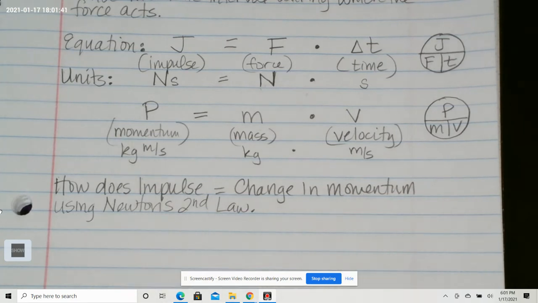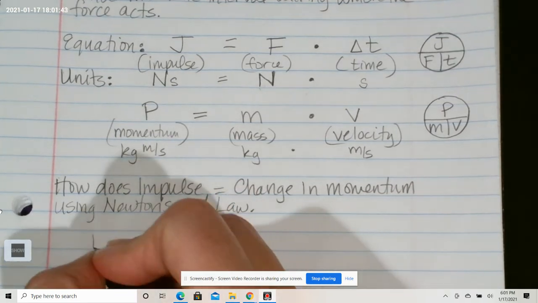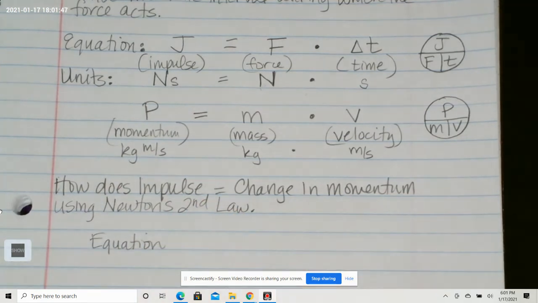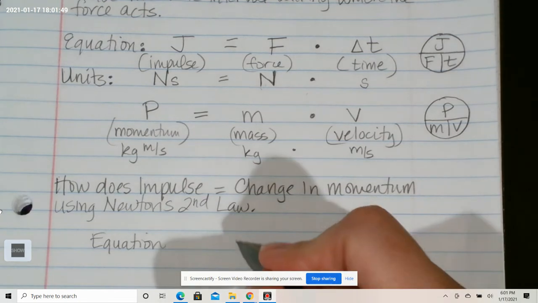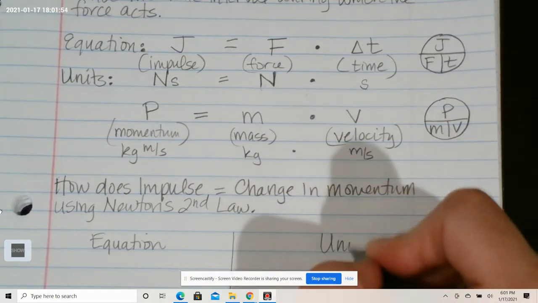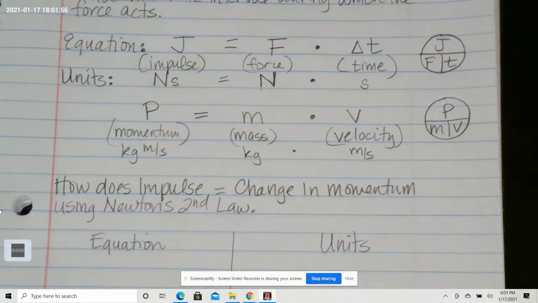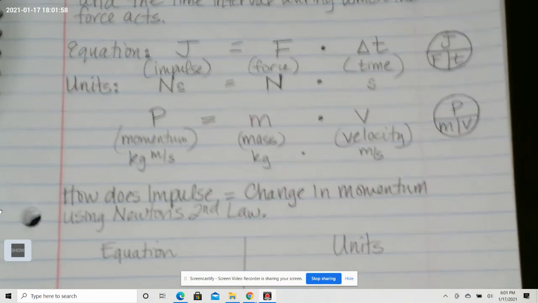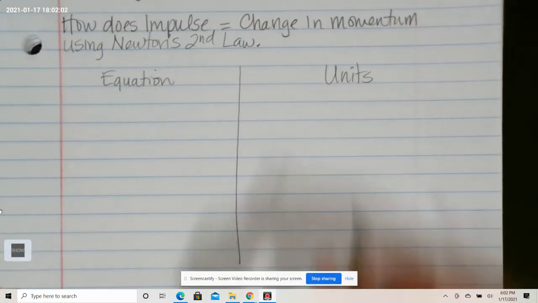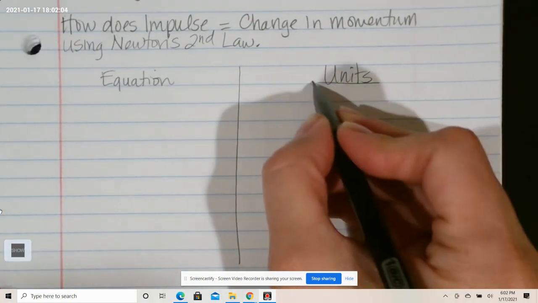So we have to remember the equation for that. Let's go ahead and break this into two sides. We're going to do the equation side, and we're going to look at the units, because remember I told you units always work out. So I'm going to move down a little bit so y'all can see. Units always work out along with the equation.